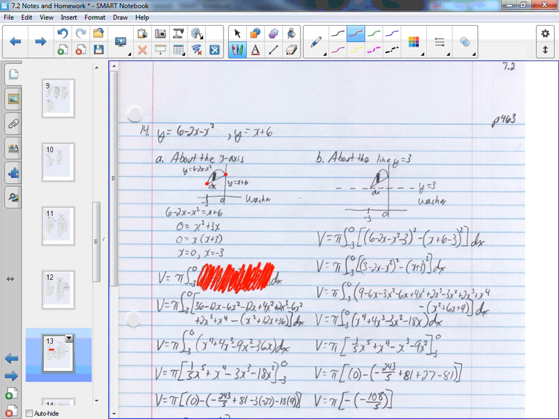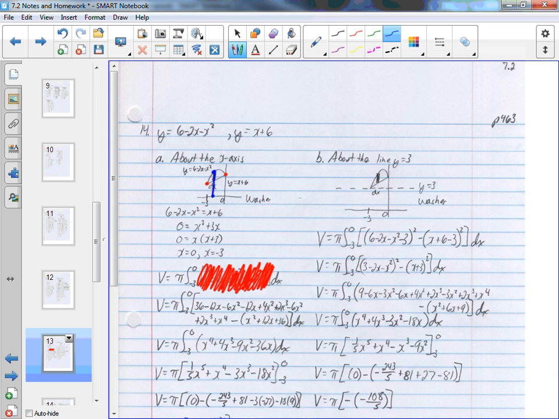Okay? So I wrote down washer because that helps me keep in mind, I've got to have an outer radius squared minus an inner radius squared. Okay? The outer radius starts at the axis of revolution and it goes to the outer function, the outer edge of the rectangle. So the outer radius starts here, goes all the way to here.